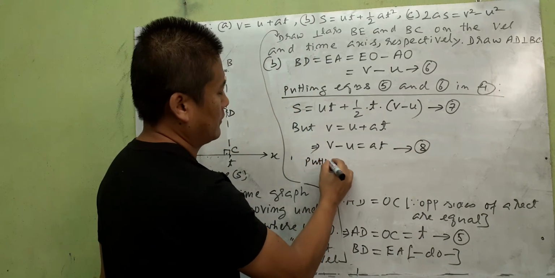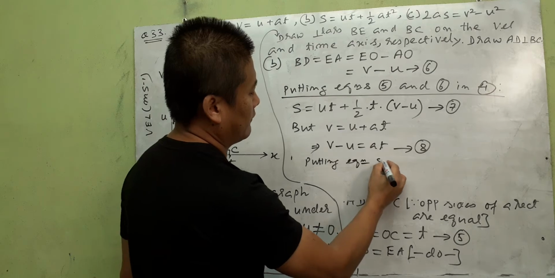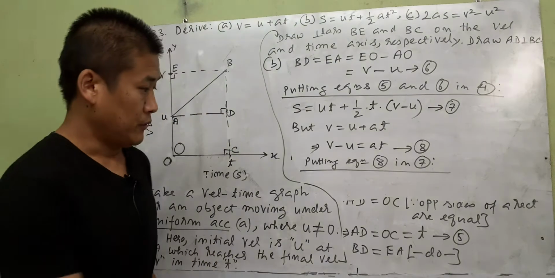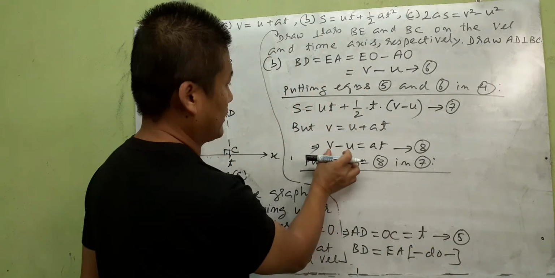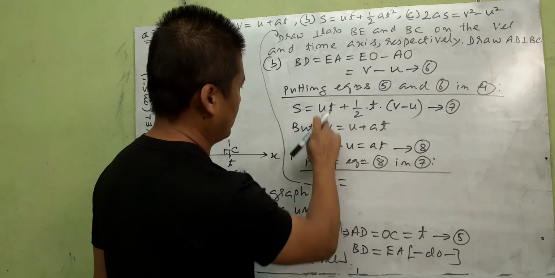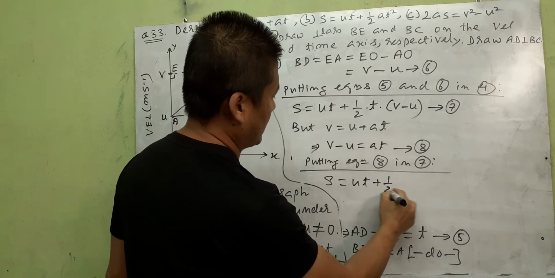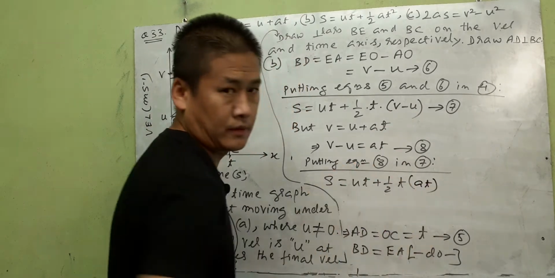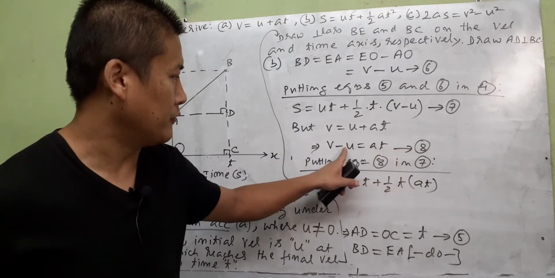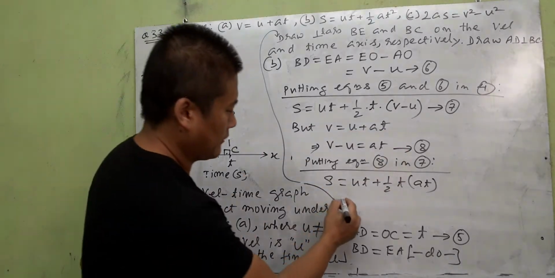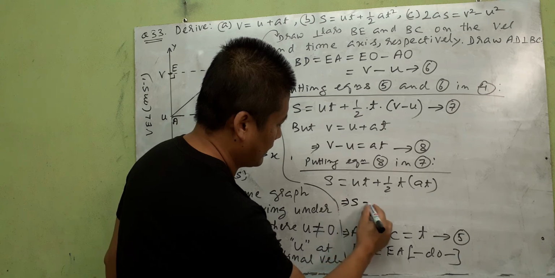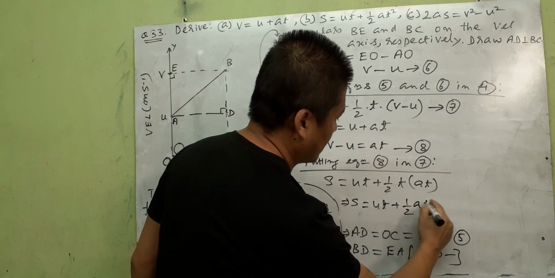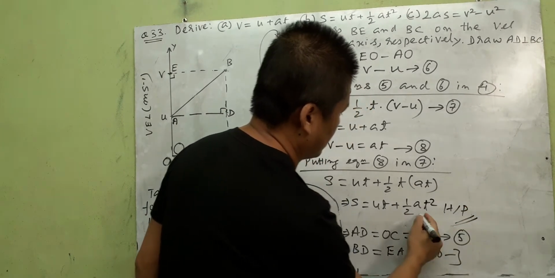So putting equation number 8 value in 7, V minus U we can replace by AT. That's the meaning of putting this 8 value inside here. So that'll give you S equal to UT plus half A into T squared.